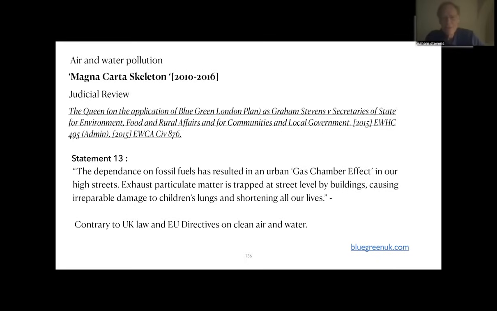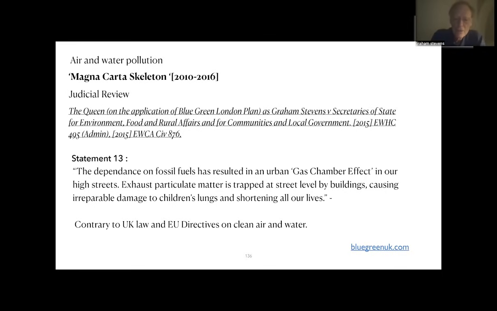And of course, it affects children's lungs more than adults', as they're lower and nearer the exhaust fumes and are more sensitive to the pollution. And this is all against the law.